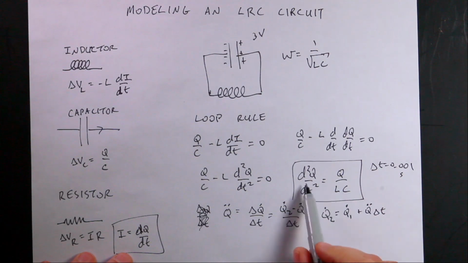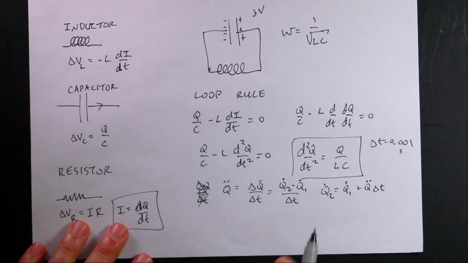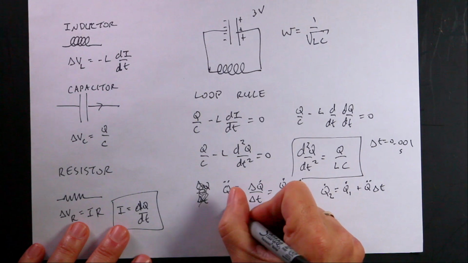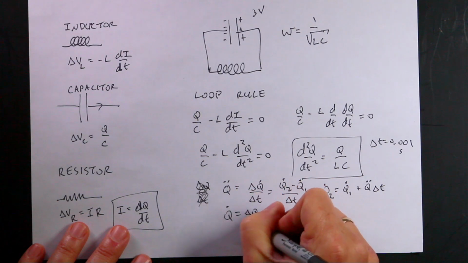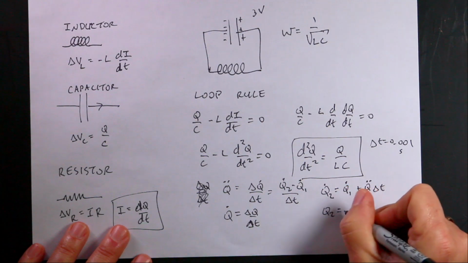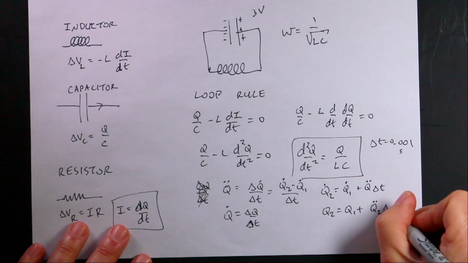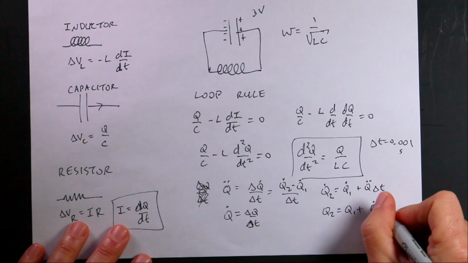So I calculate Q double dot from this equation. I use that to find the new Q2 dot, if I know Q1 dot. Okay, I have to know Q1 dot. I have to know the initial rate of change. But now I can do the same thing with Q dot. Q dot is delta Q over delta T. So I can say Q2 equals Q1 plus Q2 dot delta T. So I just, not double dot, single dot.